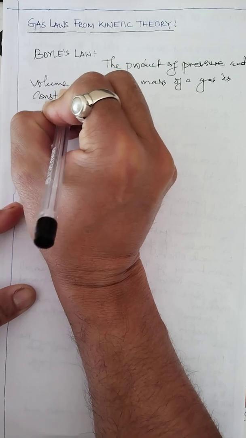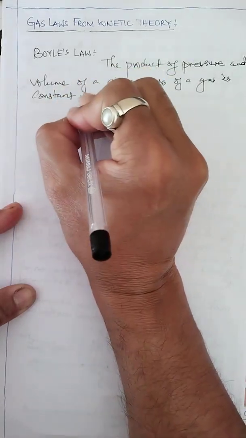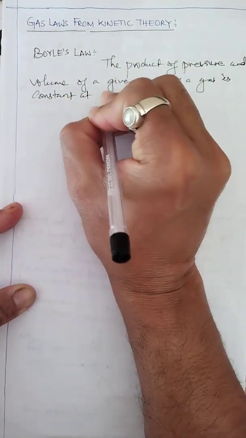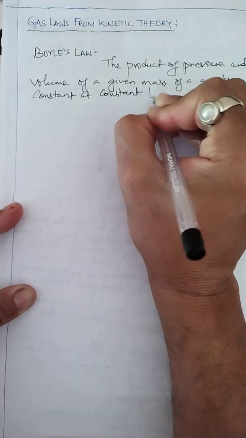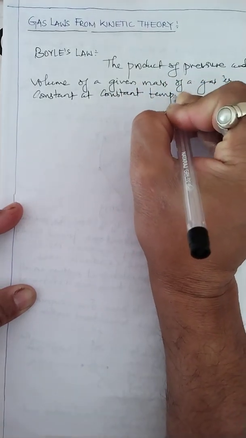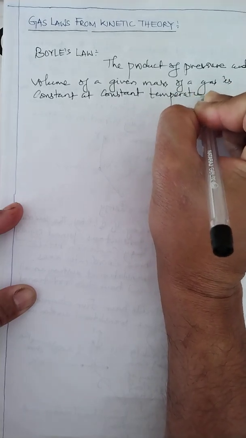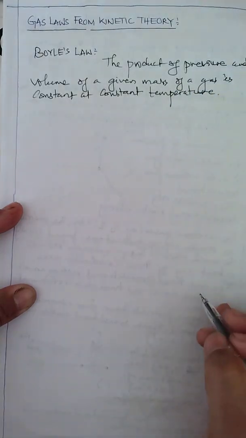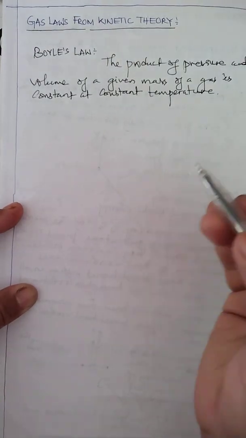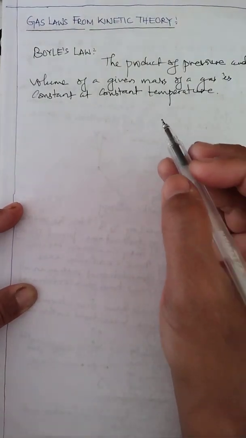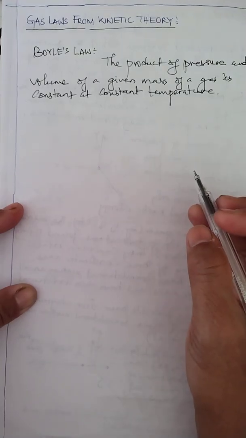Their product remains constant, but at what temperature? Constant temperature. Now this is actually the statement of Boyle's law. If this is the statement of Boyle's law, then from kinetic theory of gas also we can verify it.